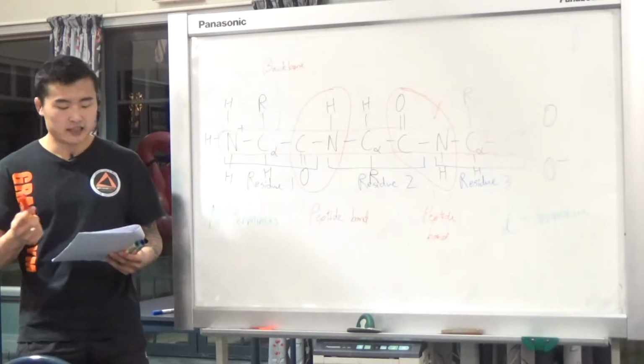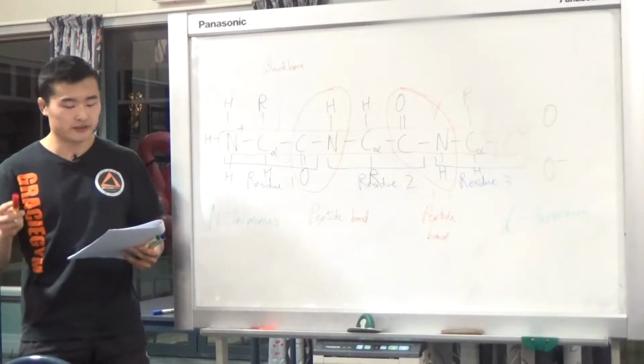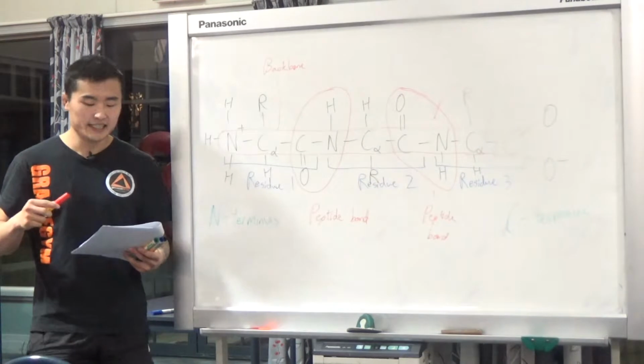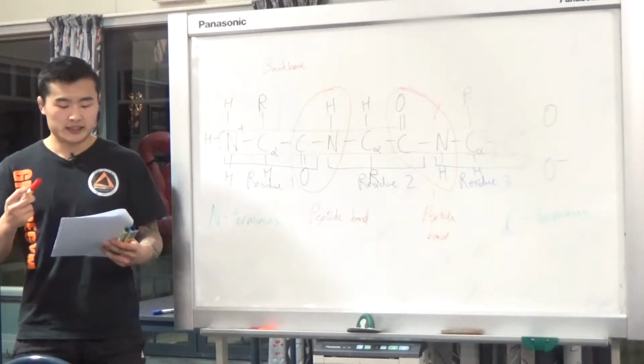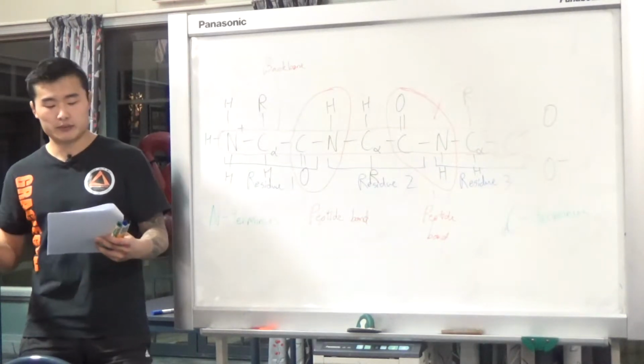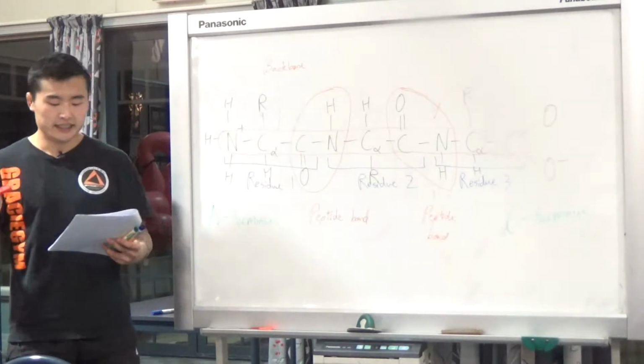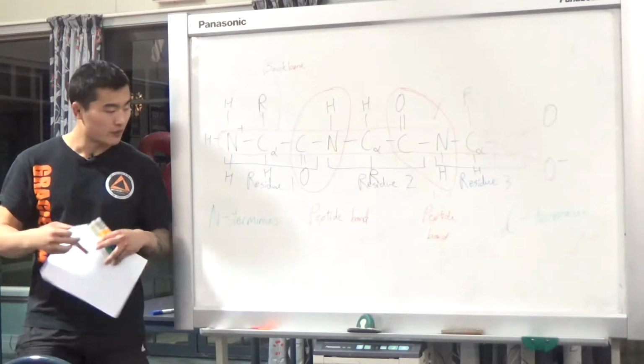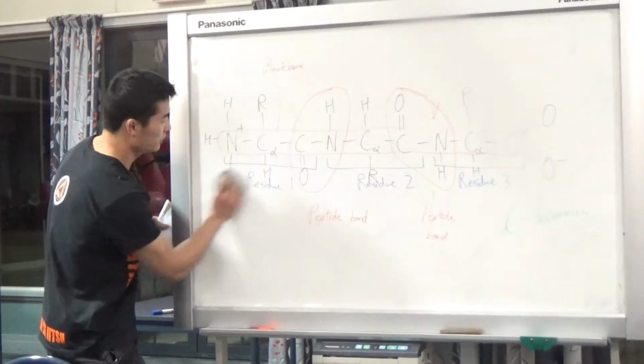The side chains are going to point outwards because there's not enough space inside the helix for the side chains. And usually the side chains on one side of the helix will be polar, meaning they're hydrophilic, while the side chains on the other side will be non-polar.